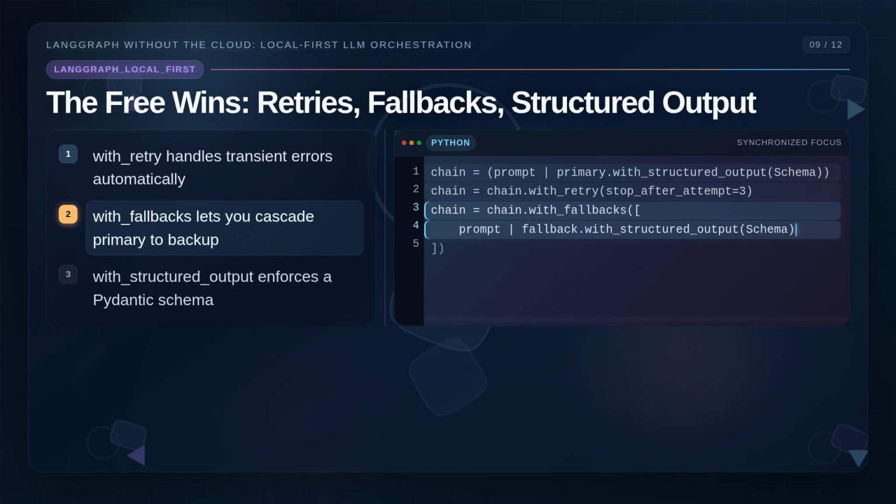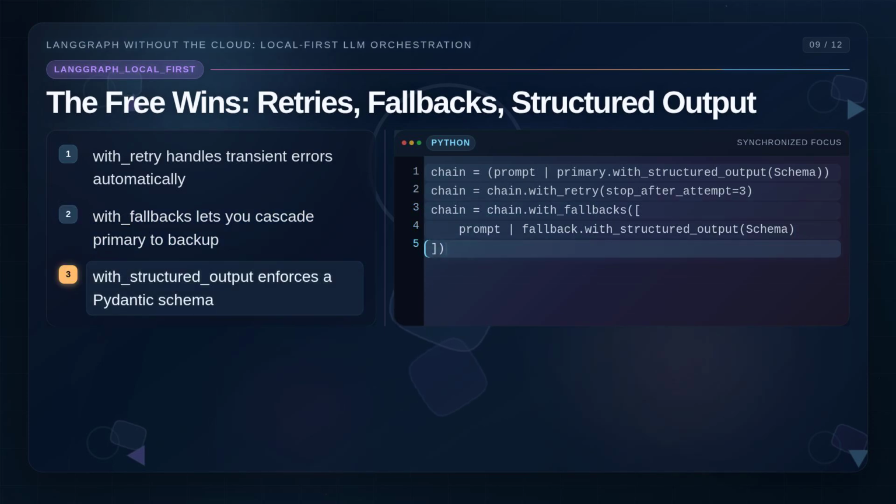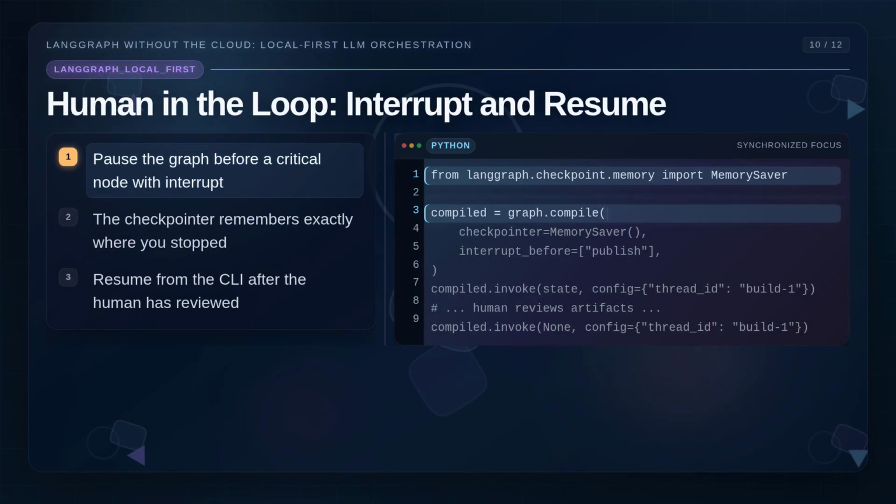Calling with structured output forces the model into a function calling response shaped like your Pydantic schema. You stack these the way you would stack middleware in a web framework, except they compose at the runnable level, so they apply to local models and cloud models alike. The combination is a lot of resilience for very little code, and you do not have to invent any of it yourself.